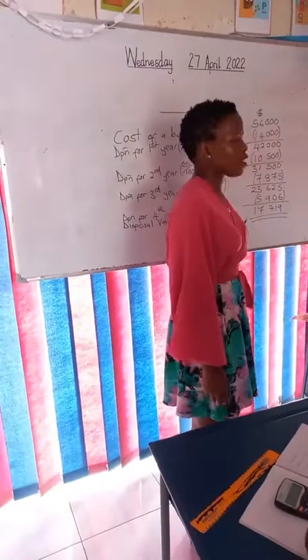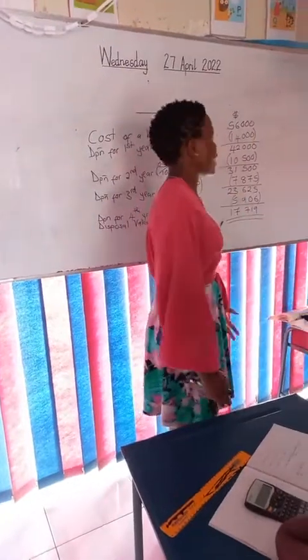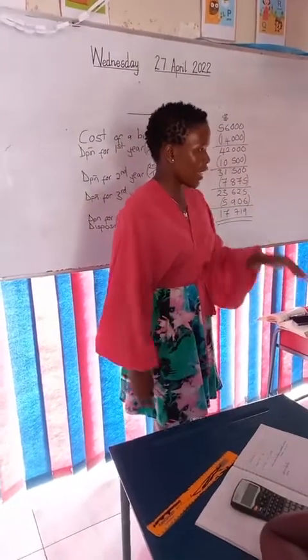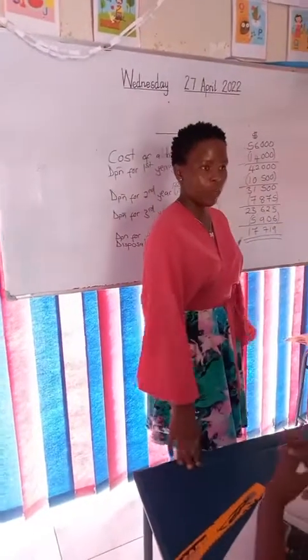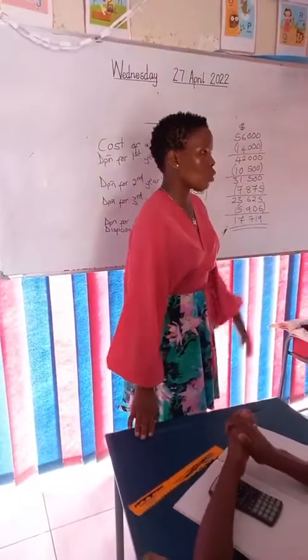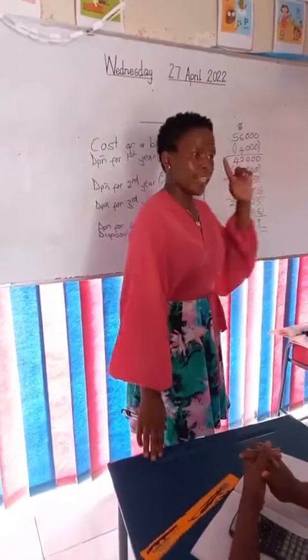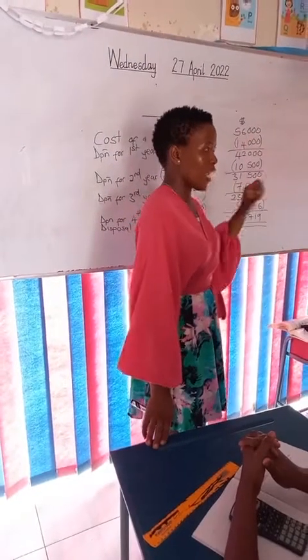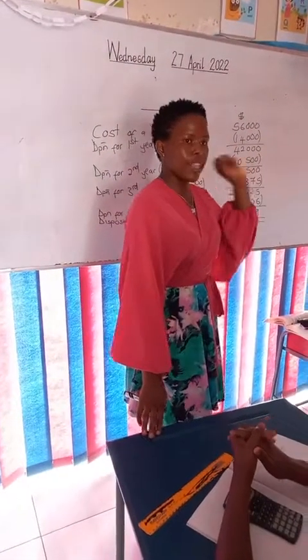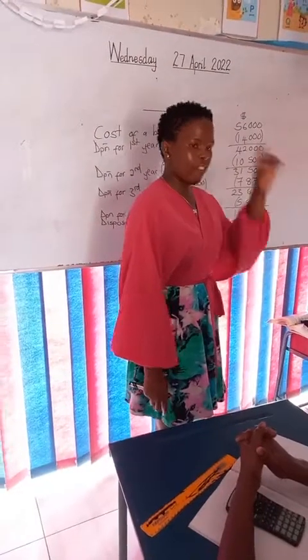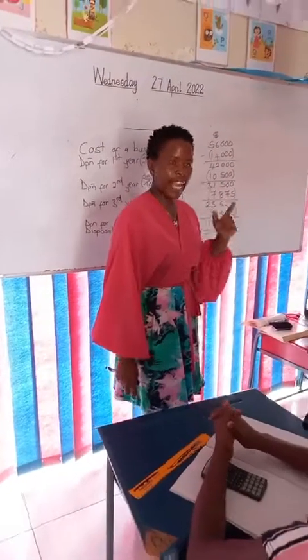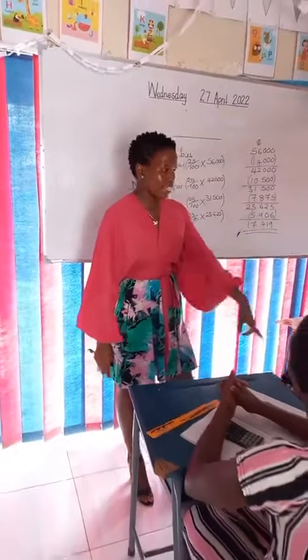Like it was 14,000 for the first year, and then 10,500. It's reducing, right? So that's what happens with the reducing balance method. Take note of that. With the straight line method, the depreciation charge is the same for all the years, but with the reducing balance method, the depreciation charge is different for all the years. With the first years, you have a higher depreciation charge than the later years.